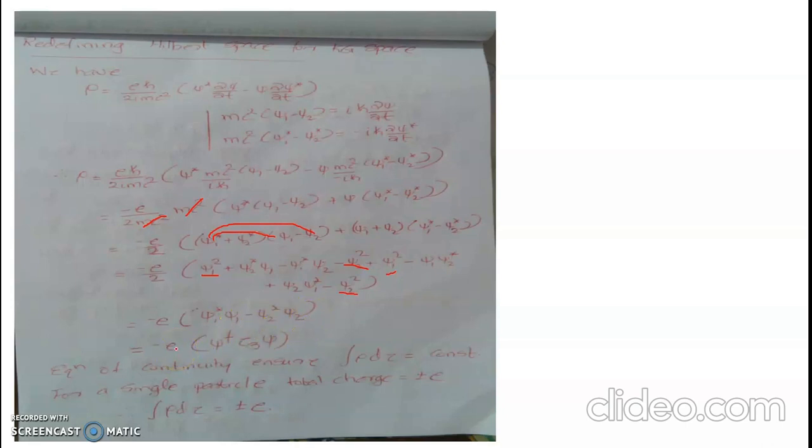And that can be taken as equal to minus e into ψ dagger τ3 ψ. As you know, ψ is equal to the column vector ψ1, ψ2, and ψ dagger will be then equal to the row vector ψ1 complex conjugate and ψ2 complex conjugate.